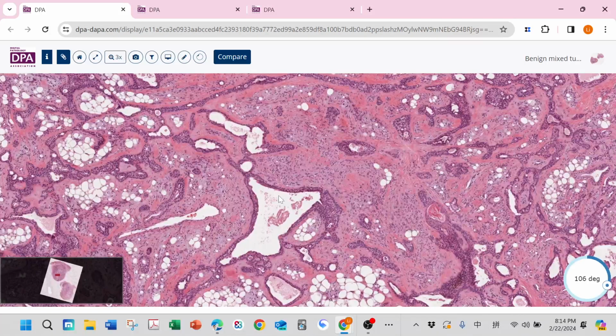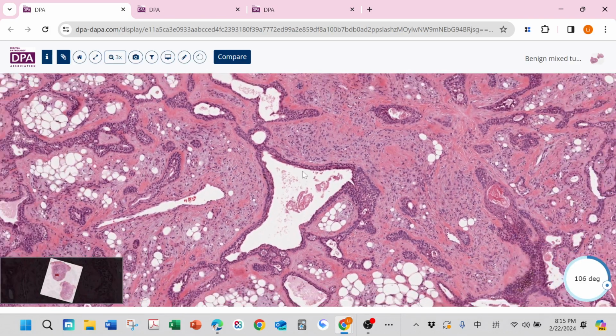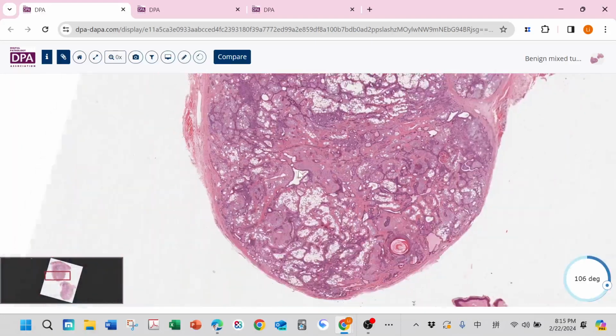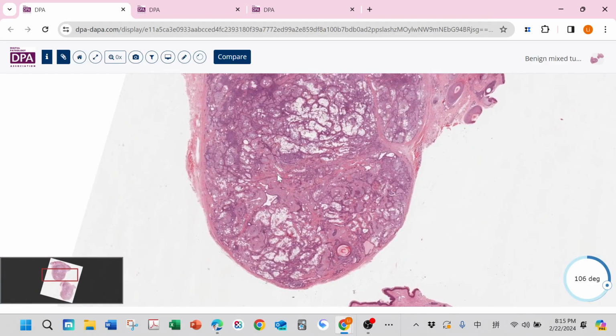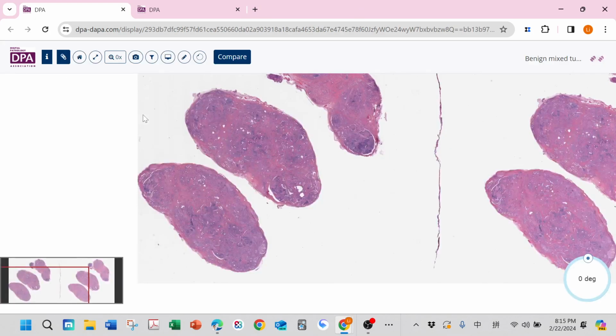You can always zoom in to see this two cell layer. Inner layer is the epithelial layer, outer layer is the myoepithelial layer. So this is another mixed tumor. Let's see more.